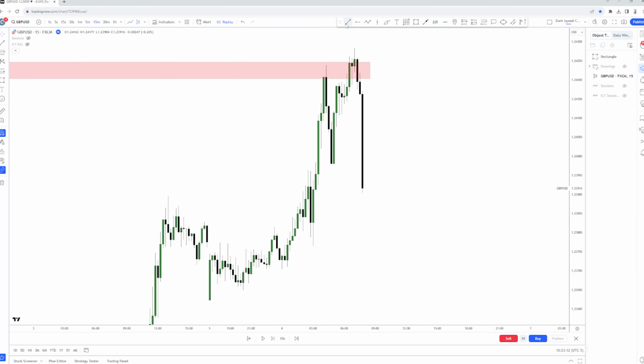We see that we broke below this low very impulsively. Remember the drawing that I gave you a little bit earlier? We did this drawing, this drawing, now we have this. So now we have changed character, which makes sense because it happened after this grab of liquidity.